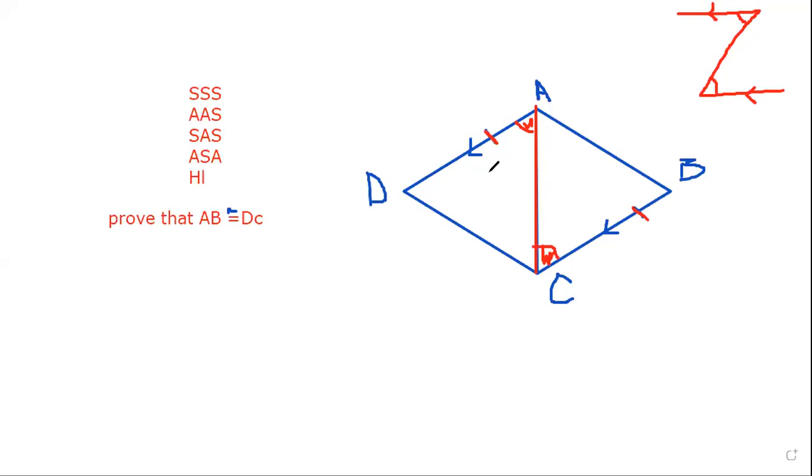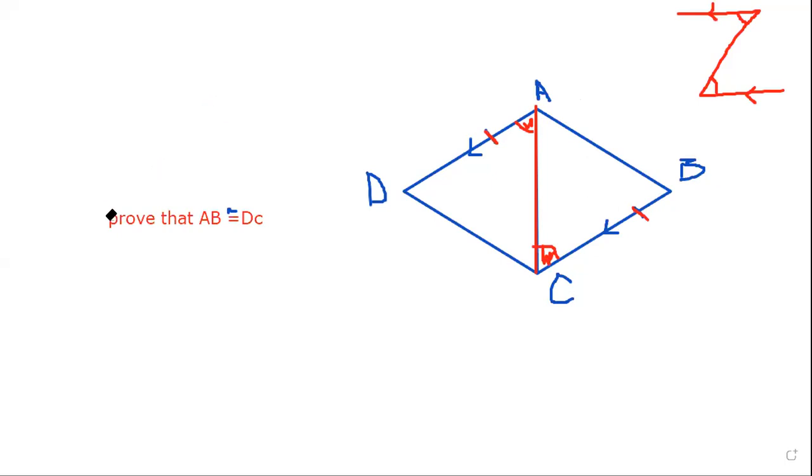So we can say in the two triangles ADC and CBA, we have AD congruent with BC, measure of angle DAC equal to measure of angle ACB, and AC is a reflexive side. Then the two triangles are congruent. As a result of congruency, AB will be equal to DC. Understood, Sama?